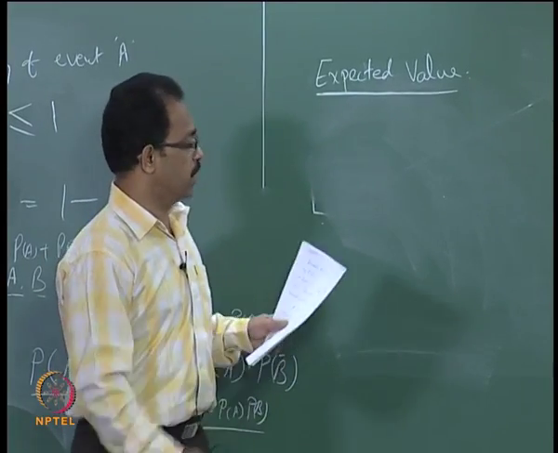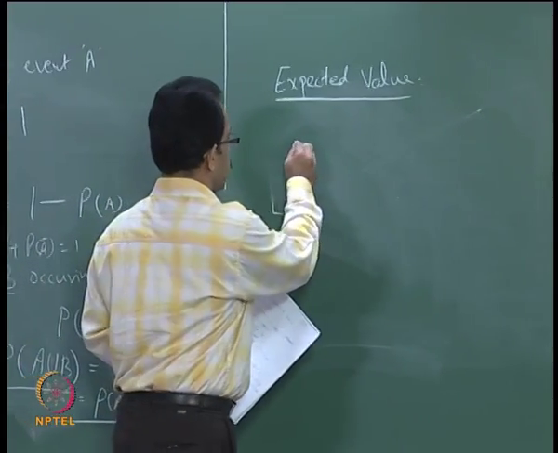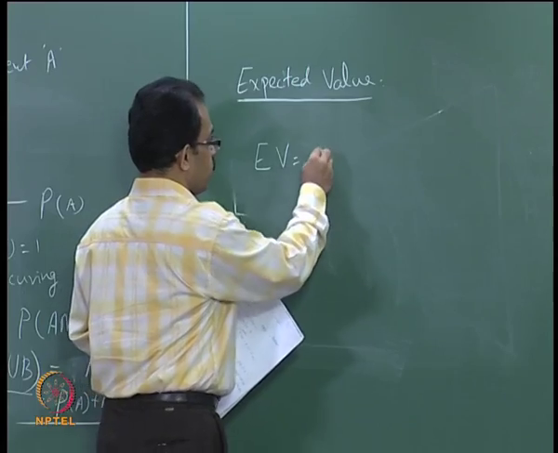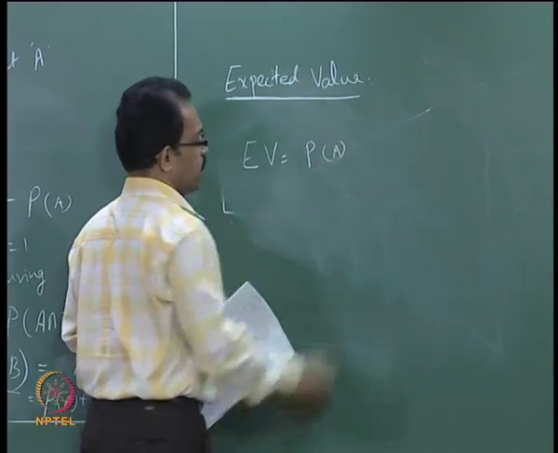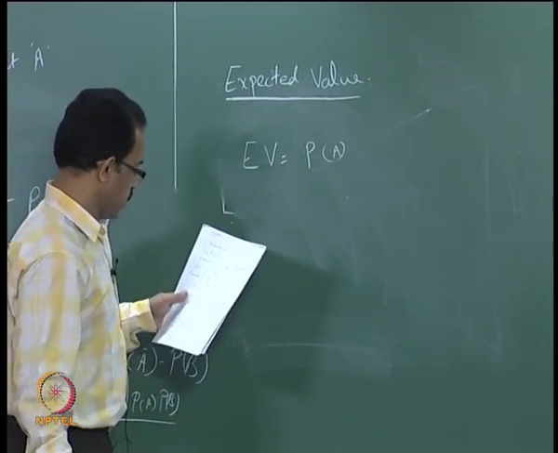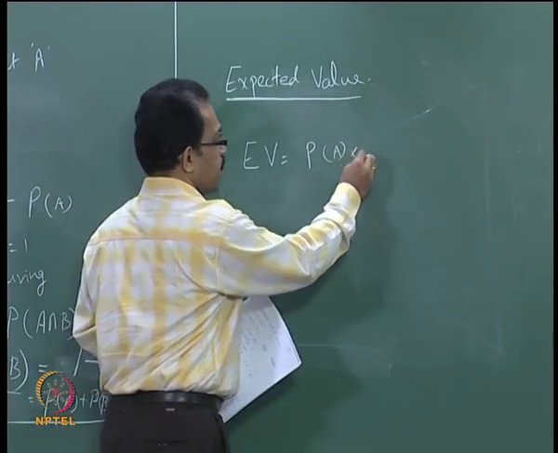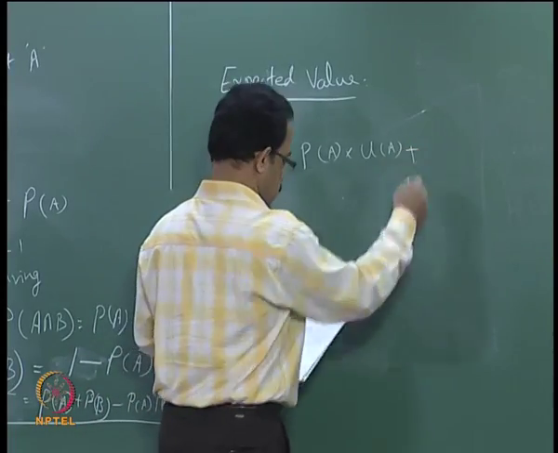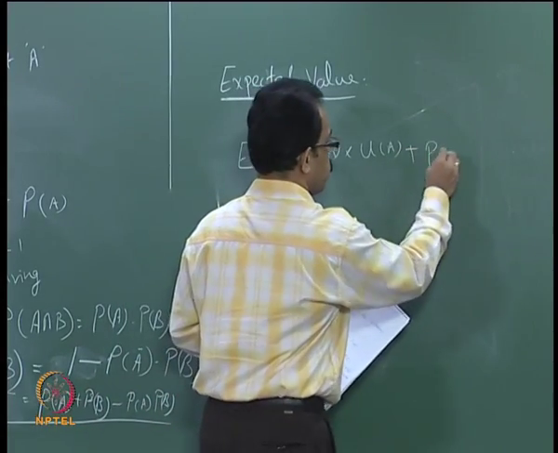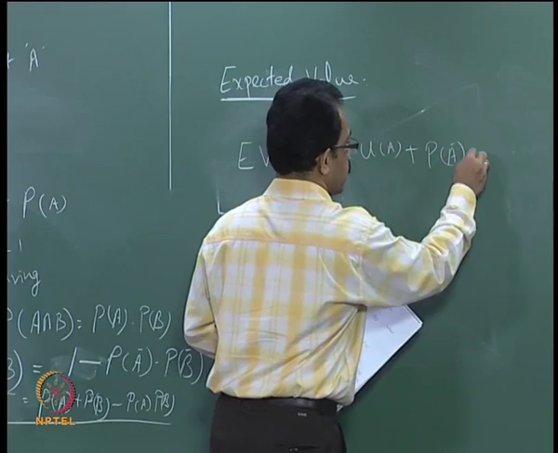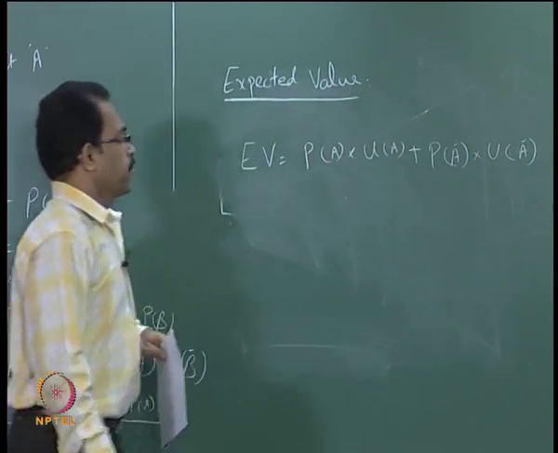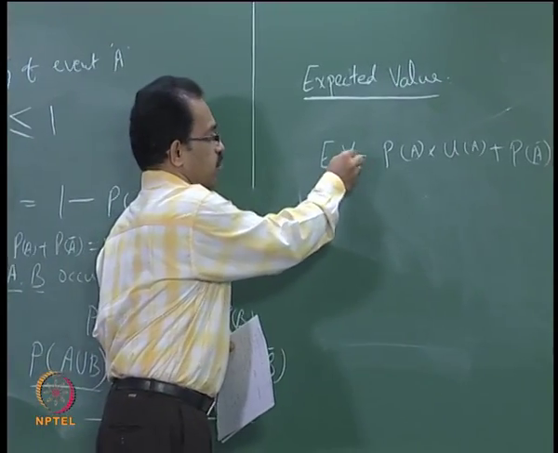That can be done by this term: expected value is equal to probability of A, that is the event happening, multiplied by the utility of this event A plus probability of A not happening multiplied by the utility of A not happening.